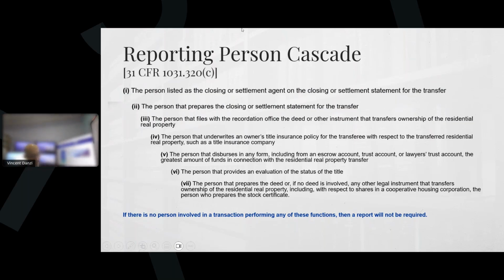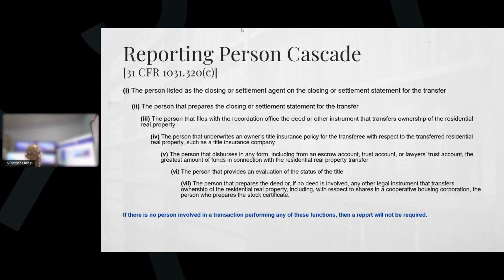But what I would say is look at the cascade, determine whether you're actually doing any of these things. And depending on who is doing the topmost of these roles, that's going to determine who has to make the report. But certainly an auction where the winning bidder was, let's say, XYZ LLC, unless it's a publicly traded company, a governmental entity, or somehow some exempt type of transferee entity, I see no reason why that wouldn't be a reportable transfer, just by virtue of it being an auction.